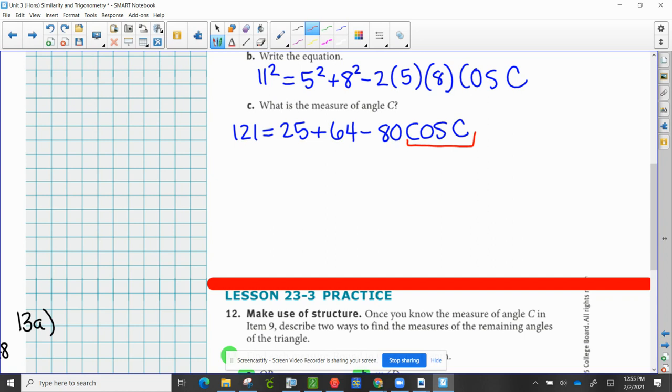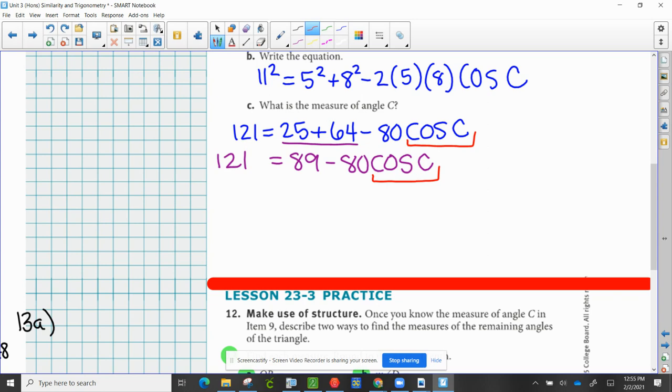So what we're going to do is simplify this down again even more. I'm going to add my like terms here. 25 and 64. That's what, 89, right? And still, the goal is to get this by itself so I can use my calculator to find that angle.